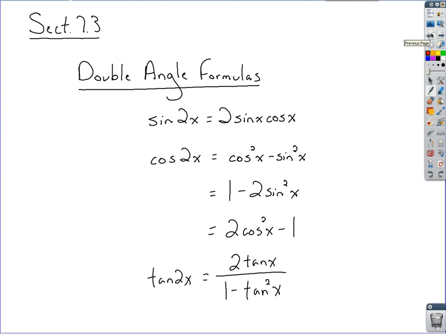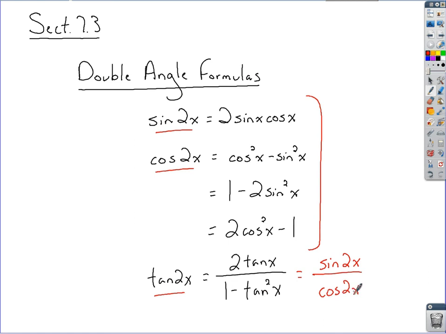If you're going to figure out the sine of 2x, the cosine of 2x, and the tangent of 2x, we need to know things over here about sines and cosines, right? In fact, I know I've got tangent stuff down here, but really with the tangent of 2x, I could also find it by putting the sine of 2x over the cosine of 2x, right? Because tangent is just sine over cosine.